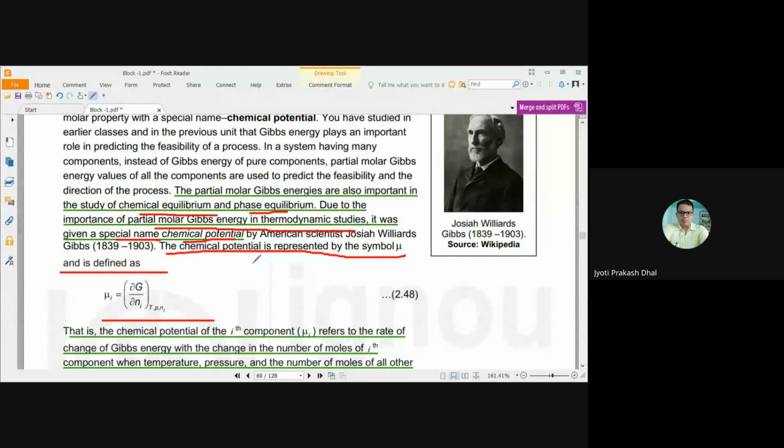Again, I am telling, partial molar Gibbs energies are important in thermodynamics to know the state of chemical equilibrium or the state of phase equilibrium. So due to its importance, it is given another name, chemical potential.